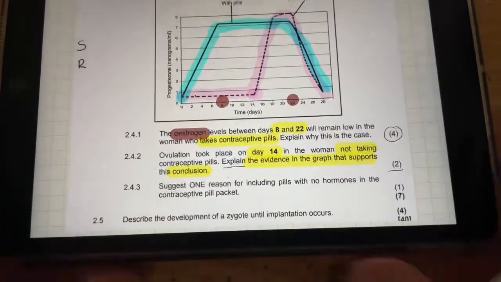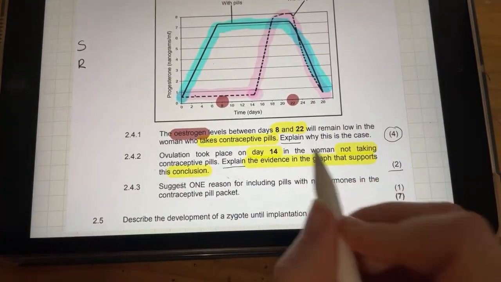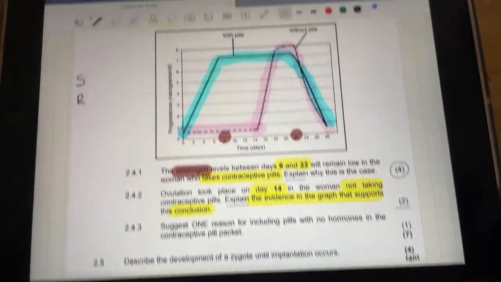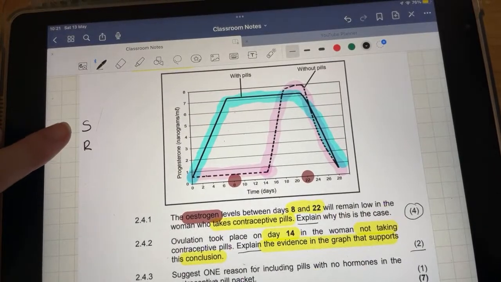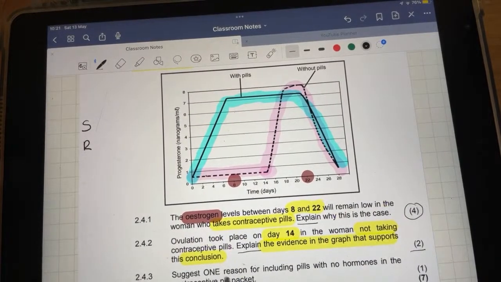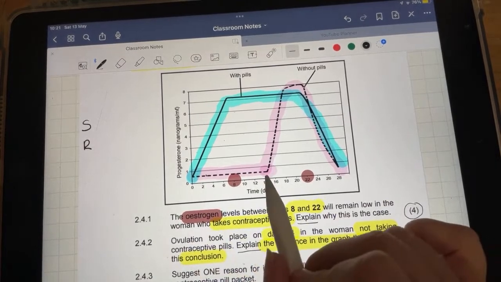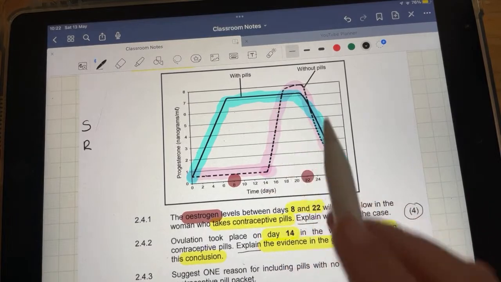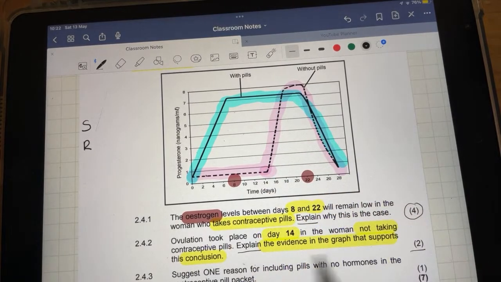And you could have actually done the same for this one too, except this one would have had 1 statement and 3 reasons, okay? That to get to your 4. So, statement, reason. We know that ovulation took place on day 14, looking here, because look at the spike of her progesterone level. So it says, explain the evidence in the graph that supports this.